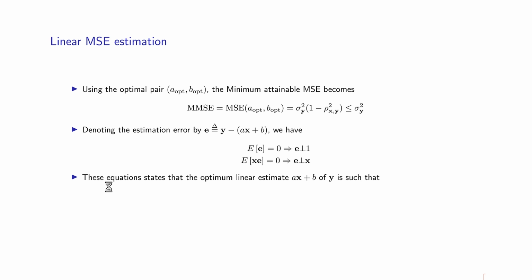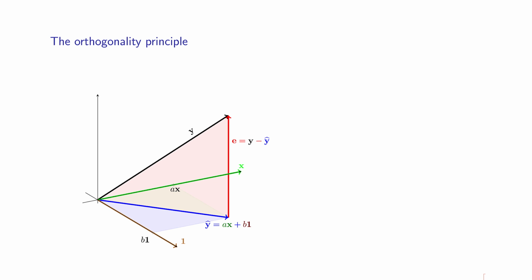This concept is called the principle of orthogonality. This result can be easily generalized to more than 2 dimensions, to n dimensions, and is quite useful. So this is a diagram.